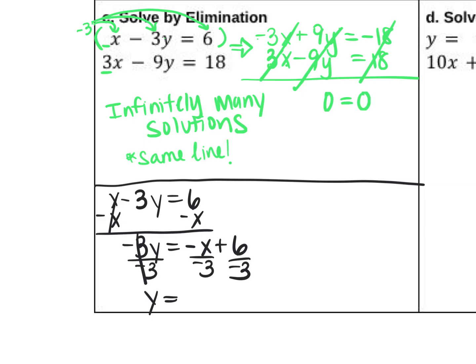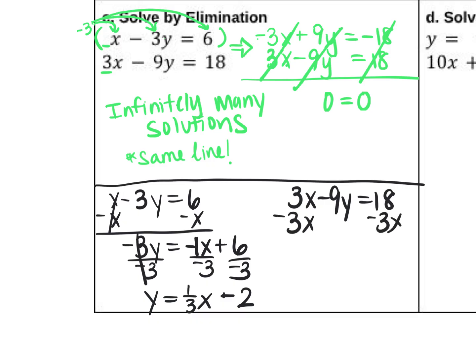So we get, remember there's a 1 in front of that x, so -1 over -3 is a positive 1/3. 6 over -3 is -2. So that's the first one. Then we'll solve the other one to get the y by itself. So I'm moving the 3x over. Oh, I've got a -x. That's good.